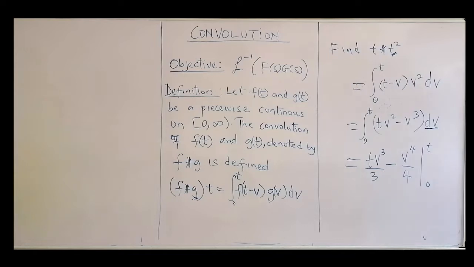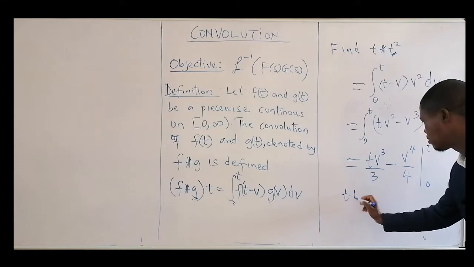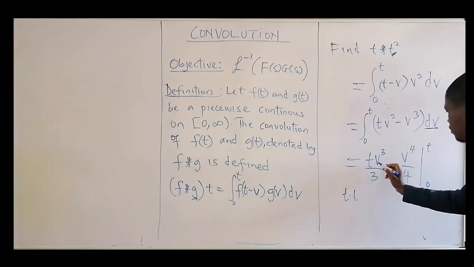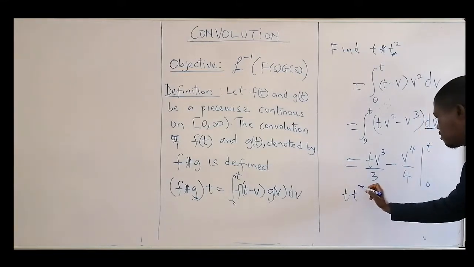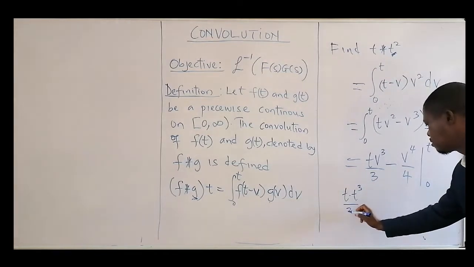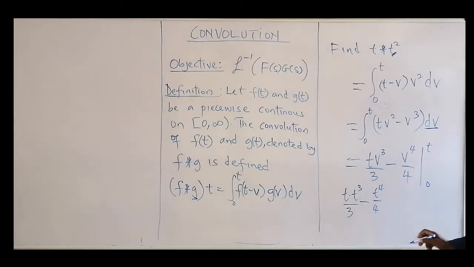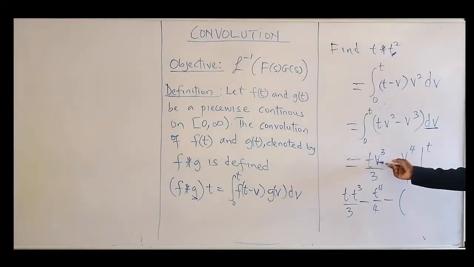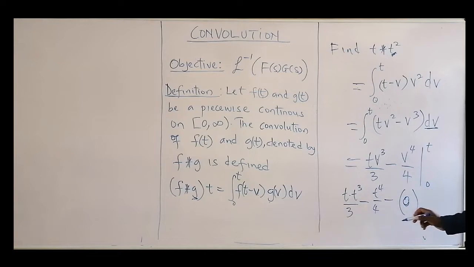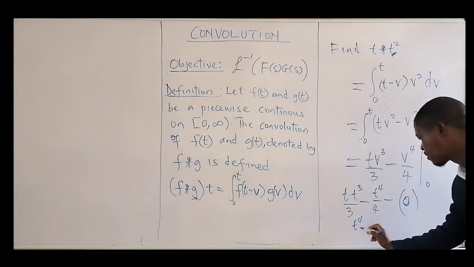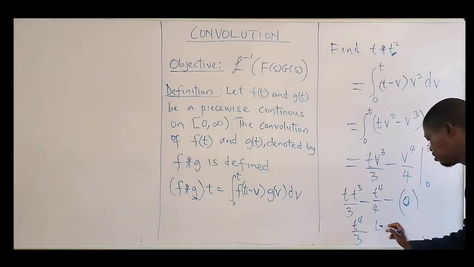Anywhere you see v, for the upper boundary you put t, so you have t cubed times t over 3 minus t to the fourth over 4, that's the upper boundary, then minus the lower boundary. For the lower boundary, everything becomes 0. So our answer is just t to the fourth over 3 minus t to the fourth over 4.